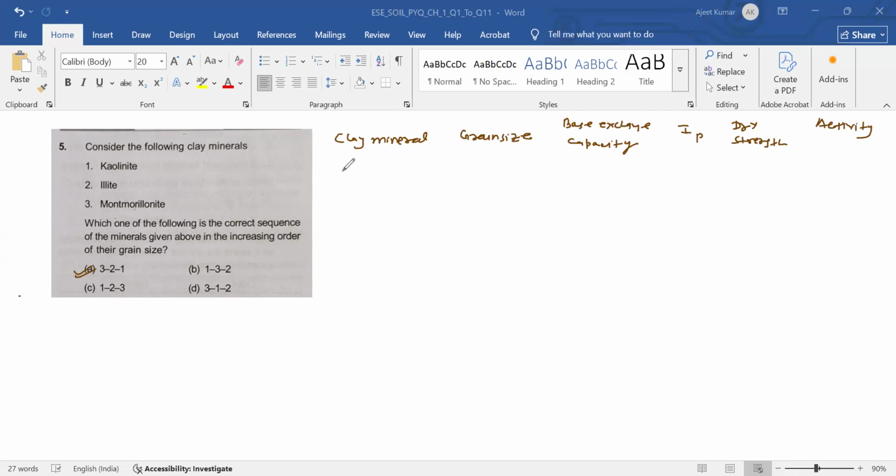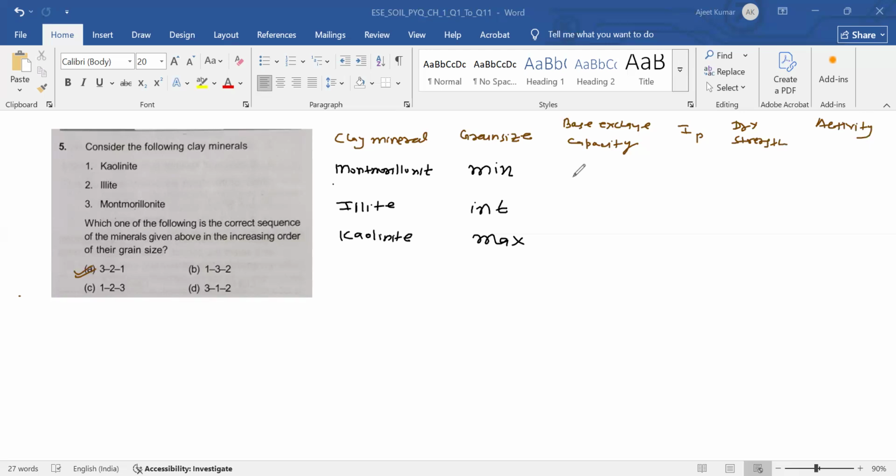So the clay minerals are montmorillonite, illite and kaolinite. Grain size is minimum for montmorillonite, illite is in between, so intermediate, and kaolinite size is maximum.